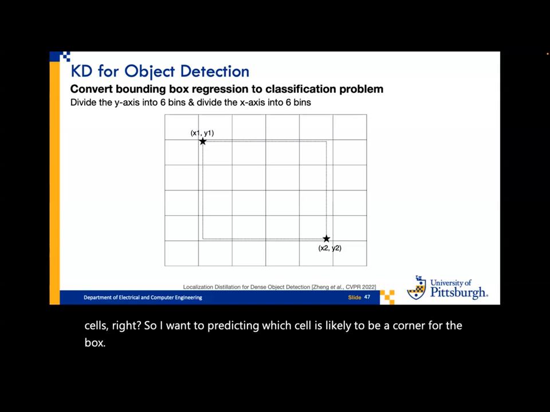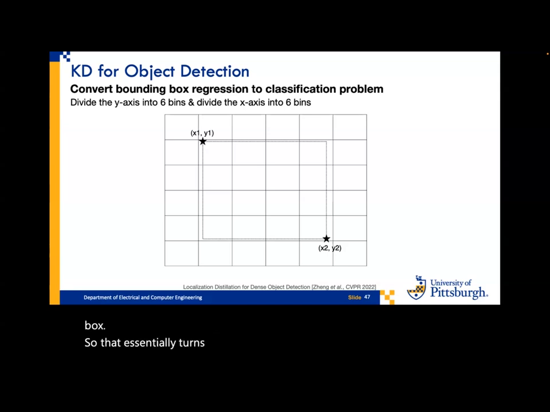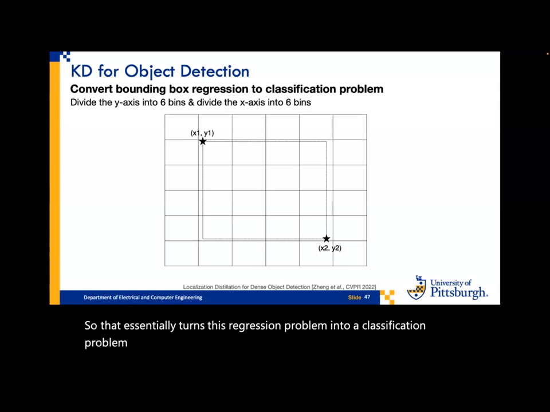That essentially turns this regression problem into a classification problem. I have 36 classes, and I want to predict which cell is the truth. Does that make sense?